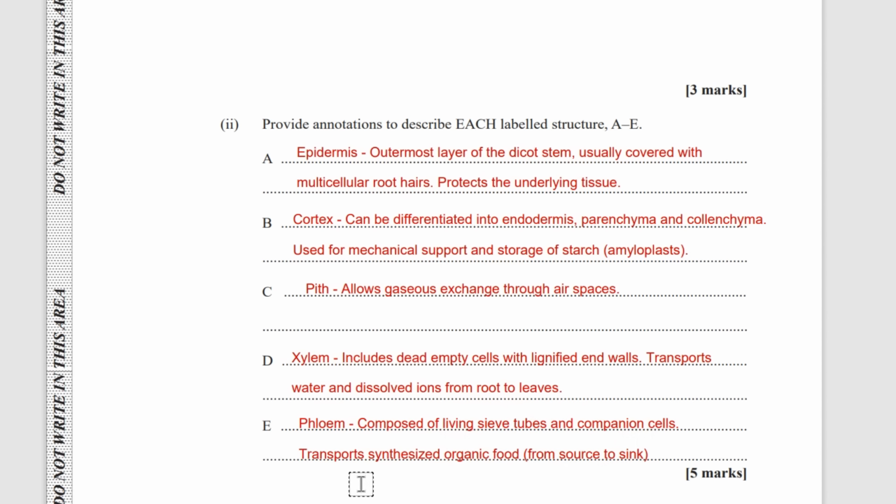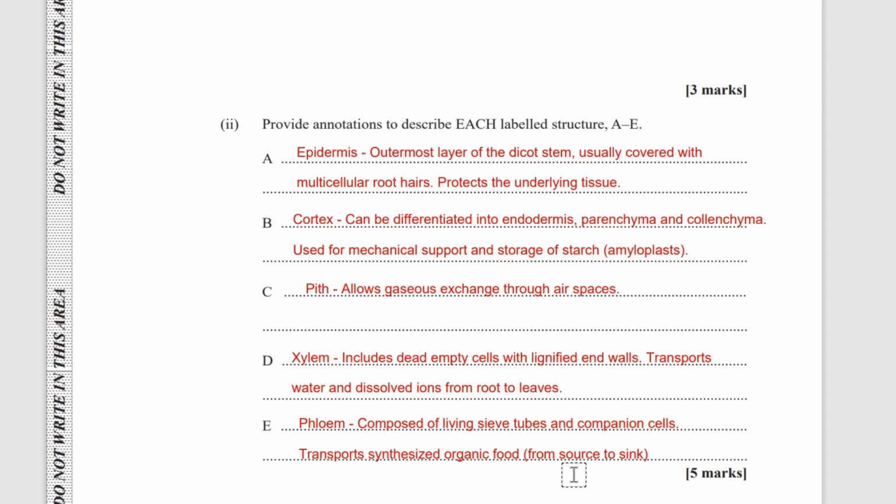The function is that it doesn't really transport water per se, but it transports photosynthetic products, basically synthesized organic food in the form of sucrose. And it does this from a source to a sink.